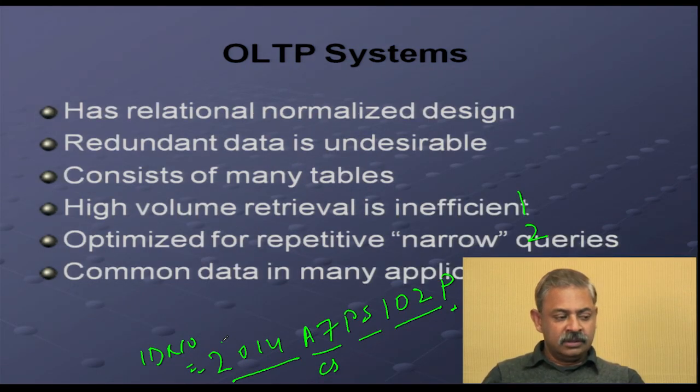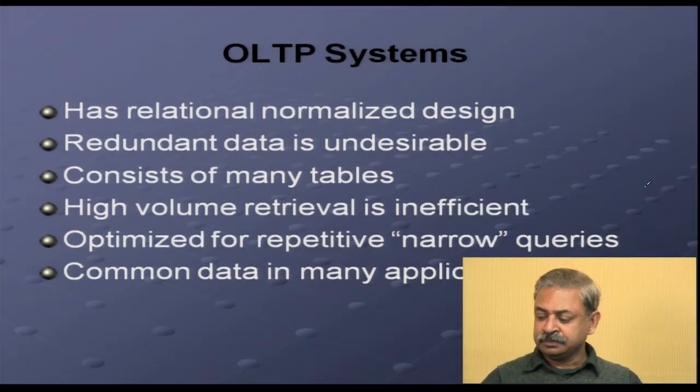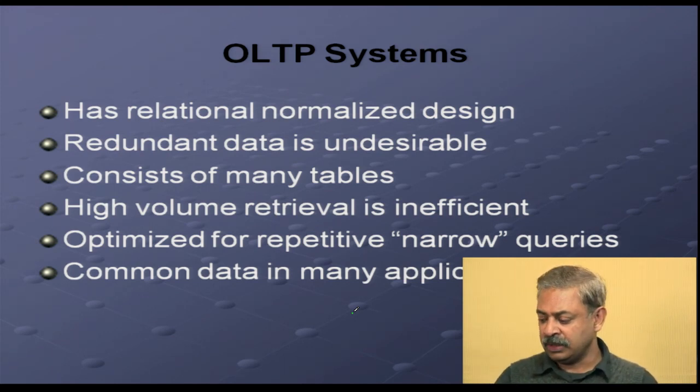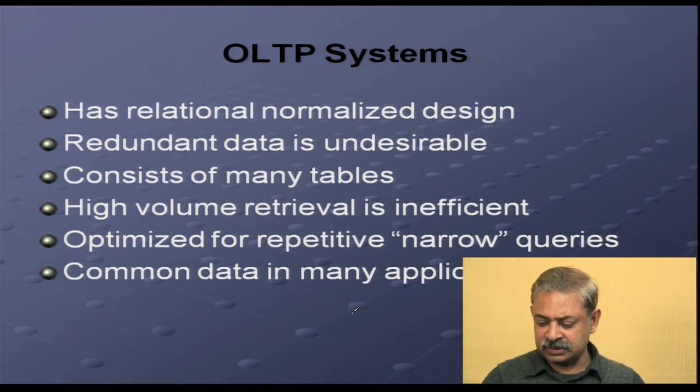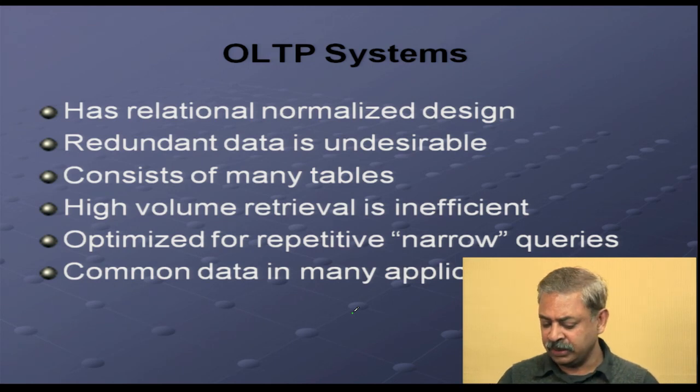Further details on operational systems: they have a relational normalized design. I'm sure all of you are familiar with the normalization process. The design is typically normalized because there are too many updates to be carried out.